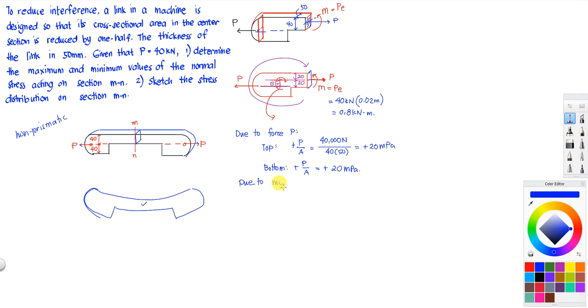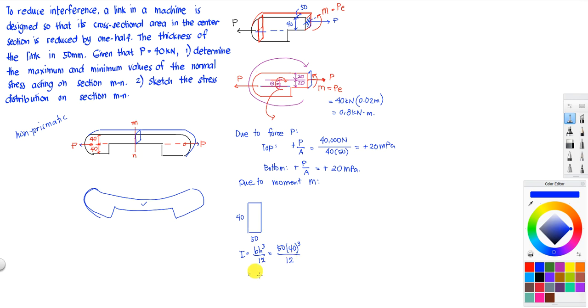However, due to moment M, meron na ako ngayong parang flexural stress. So, meron ako ditong, this is 50 and then this is 40. I will now have the I equals to BH cube all over 12.